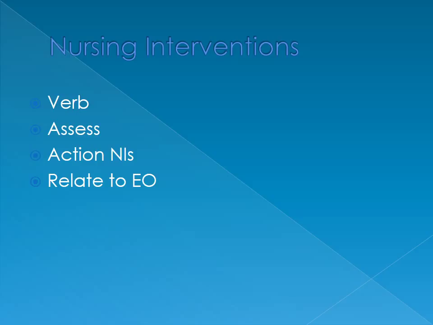So assessing is vital for us to make the right decisions, but please focus in on action NIs for me. I really want to see what you're going to do to help this patient to get rid of whatever that problem is. And this has to relate to the EO. So whatever your EO is, let's say your EO is to get your patient to walk down the hallway, then all the interventions need to be interventions that will help your patient be able to, at some point, walk to the end of the nursing station.